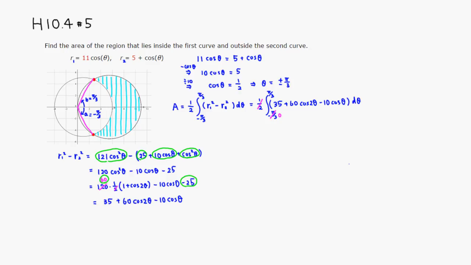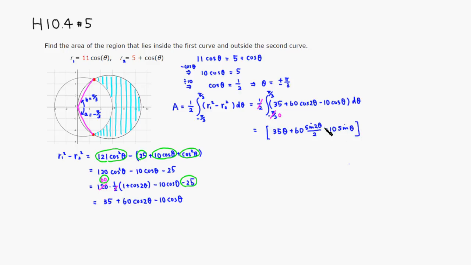So this is going to be equal to the antiderivative of 35, which is 35 theta, plus 60 times the antiderivative of cosine of 2 theta, which is sine of 2 theta divided by 2, minus 10 times the antiderivative, sine of theta.